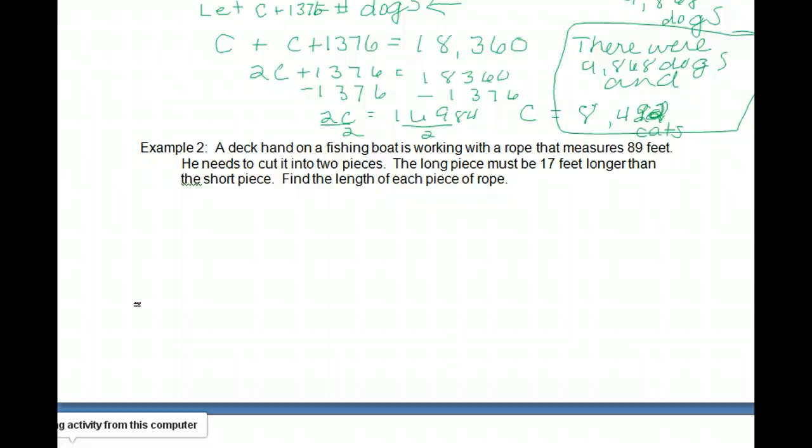We need to figure out which piece depends on the other. Is it the shorter piece or the longer piece? What do you think?